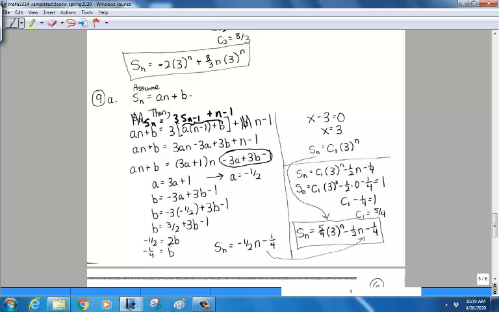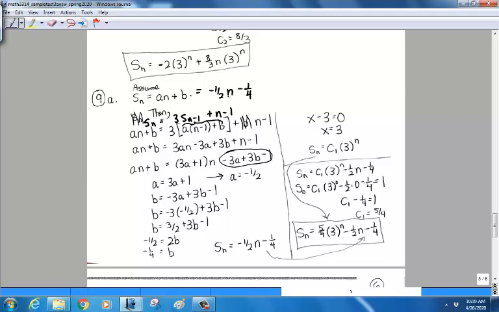So a is minus 1/2 and b is minus 1/4. That means your assumed solution is going to be, right, minus 1/2, that's a, times n plus b, which is minus 1/4. So there is my assumed solution, right, to the non-homogeneous recurrence relation.